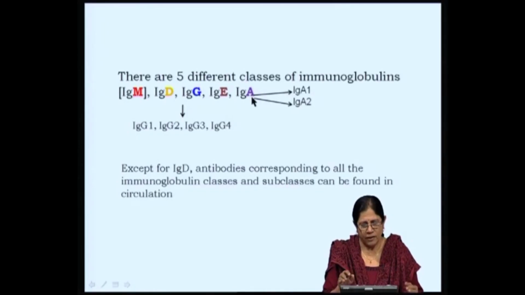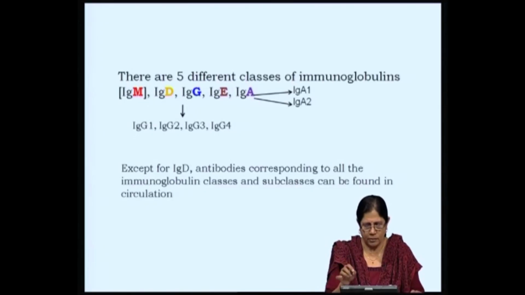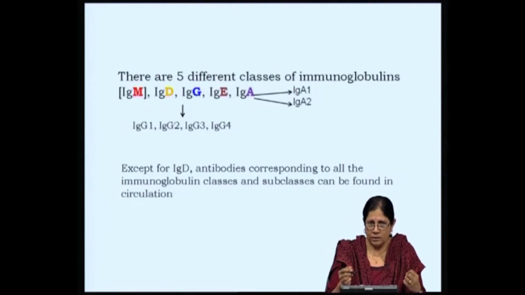When I say these 5 classes, we are referring to what is present in the mammals, human as well as mouse. Like I said earlier, these are the 2 systems that have been studied in depth by immunologists, mouse and human, and what is true of mouse is also true of human.